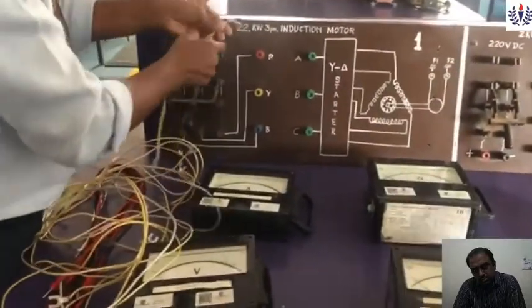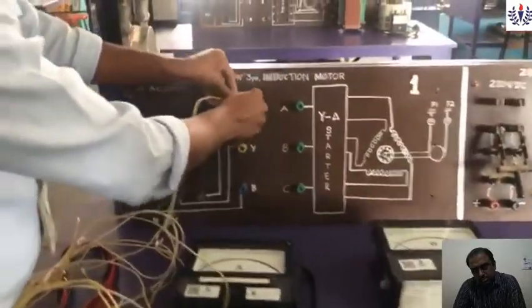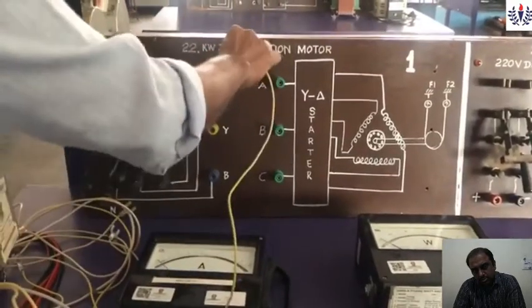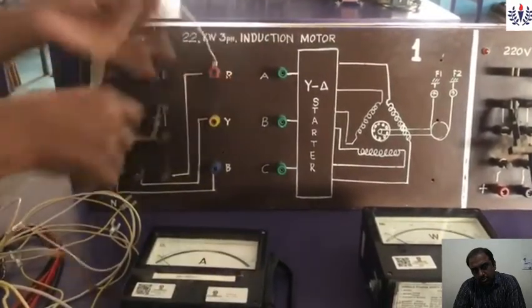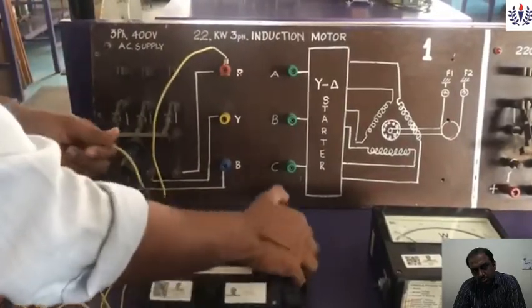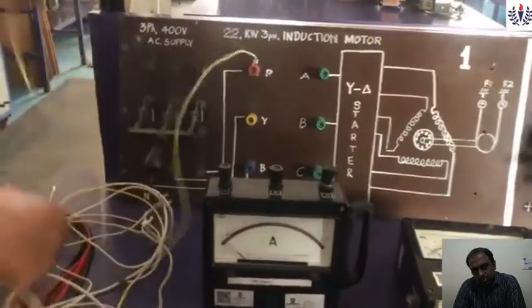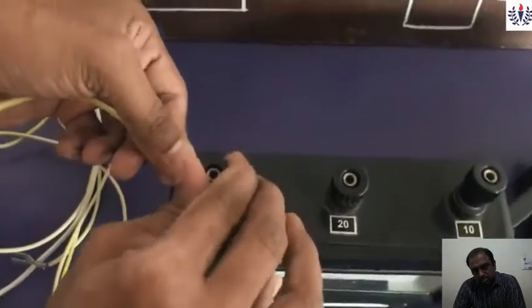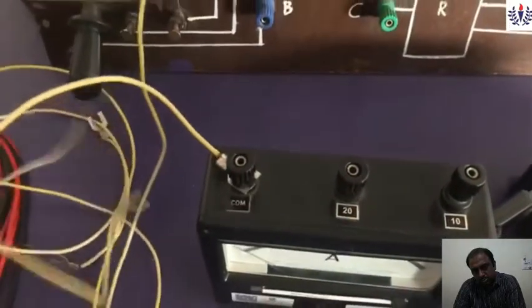The first point, R2, to ammeter common point, COM.